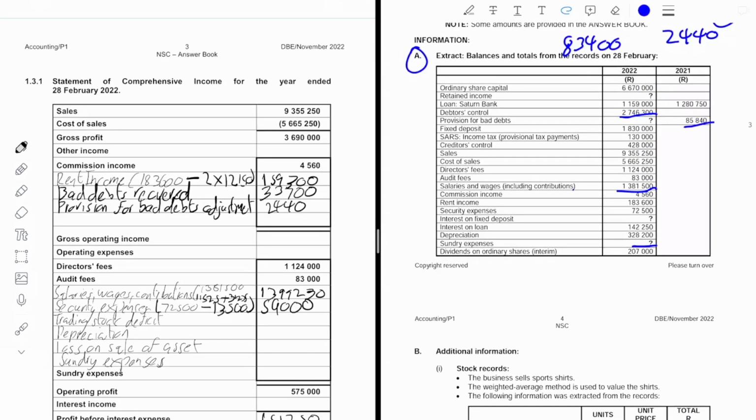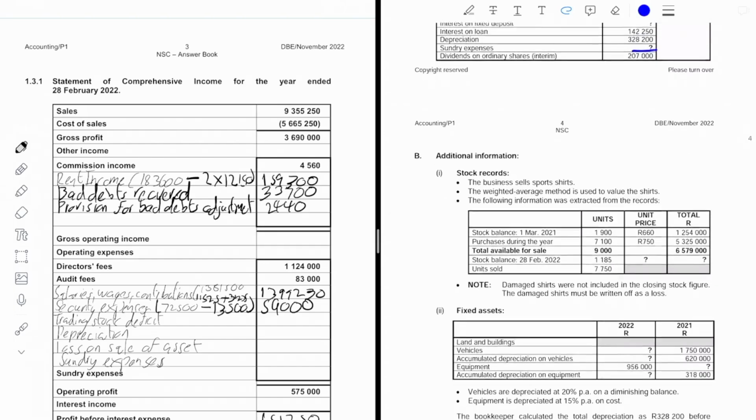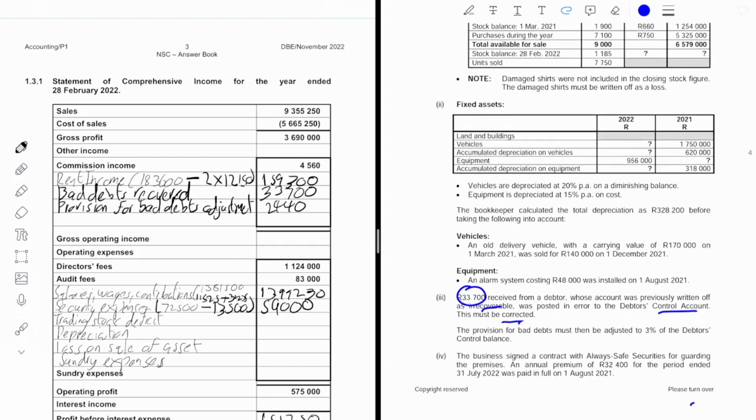And if you look, the interest on fixed deposits is a question mark, and the actual fixed deposits is also a question mark. So we don't have any information on this. But since we've got our operating profit, we can just work backwards, and our interest income is going to be the difference between this figure and that figure, which is 76,250.